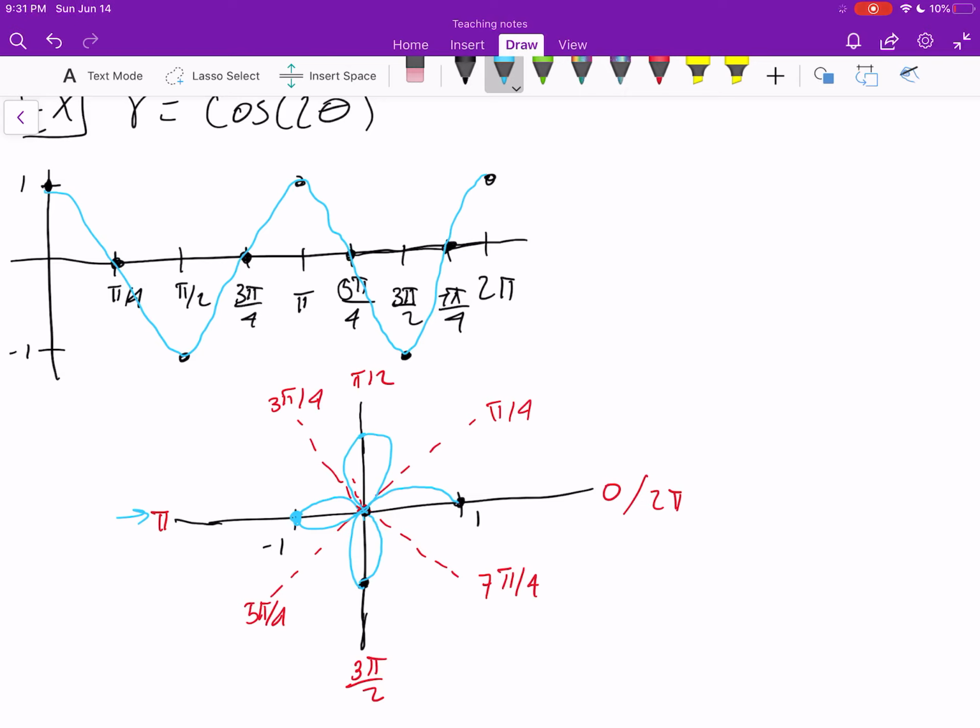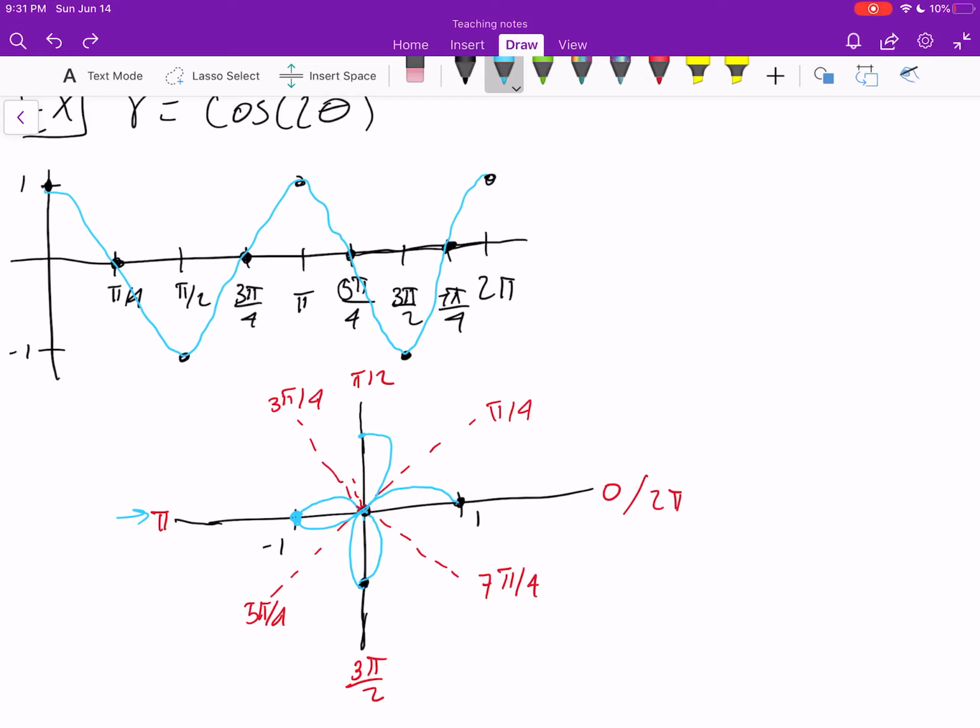From 7 pi over 4, okay. 3 pi over 2 to 7 pi over 4. Hang on. Did I screw up somewhere? So what was the one I did before that? At 5 pi over 4, I was at 0. Then I go to 3 pi over 2, which is at negative 1.